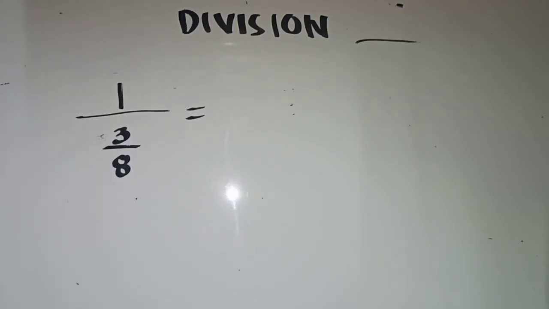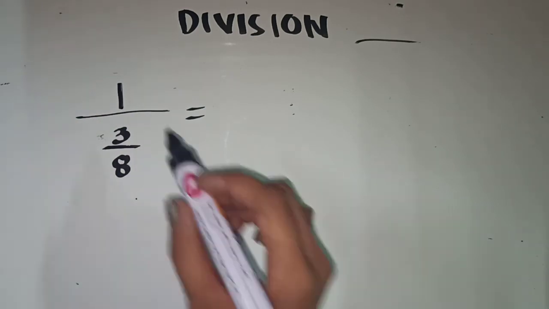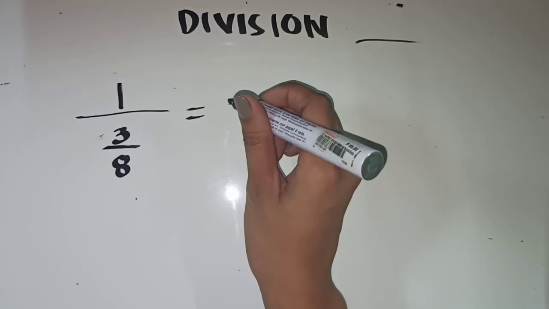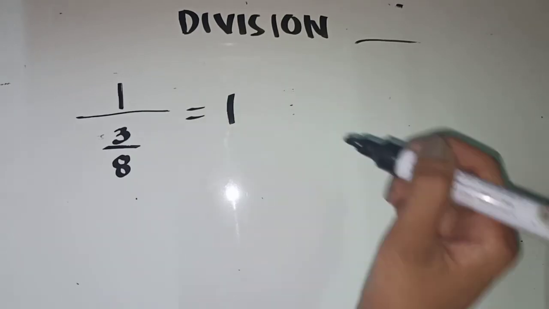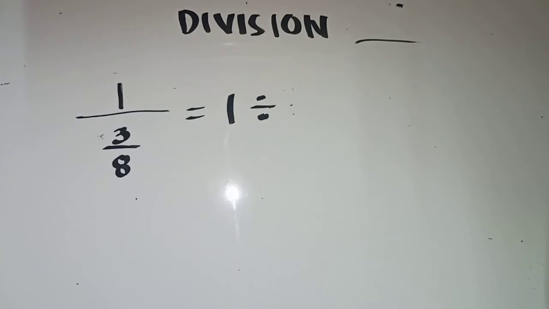Okay, so paano naman kung ang example ko is 1 over 3 over 8? So, ang numerator ko ngayon is 1. So, just copy 1. Then, divided by, diba ang fraction natin ay division din.